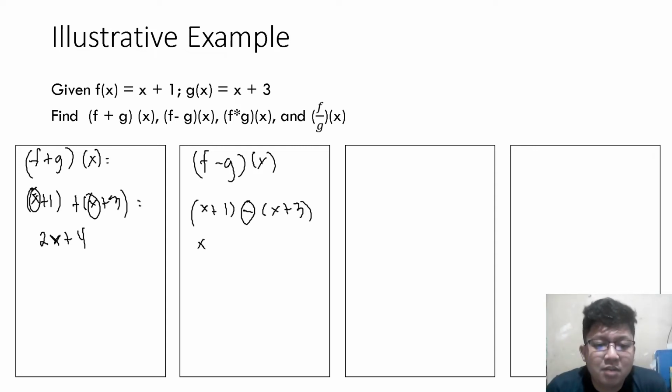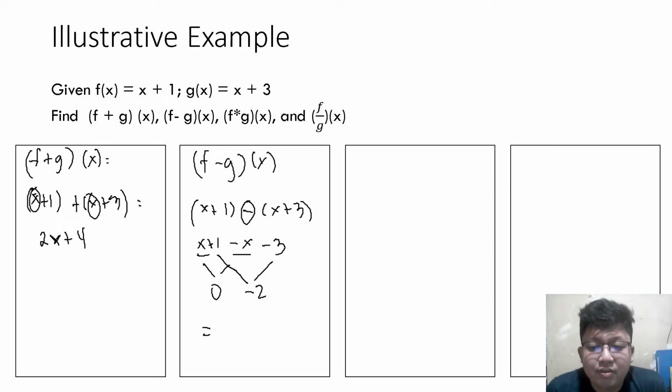So we have x plus 1 minus x minus 3. Then we simply combine like terms. We have x and minus x, which become 0. Then 1 and negative 3 give negative 2. So the final answer is negative 2.